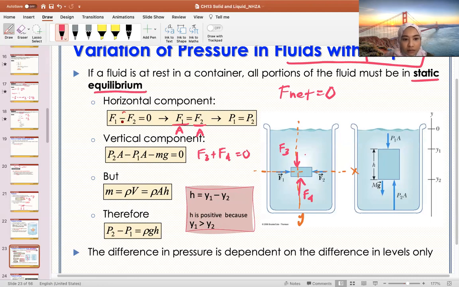Here it is negative, because F1 to the right is positive, F2 to the left is negative. I can do that as well. F3 plus F4, because F4 is moving up, it is positive. Because F3 is going down, it is negative. So minus F3 plus F4, when I put in the values, equals 0. So F4 is equal to F3.